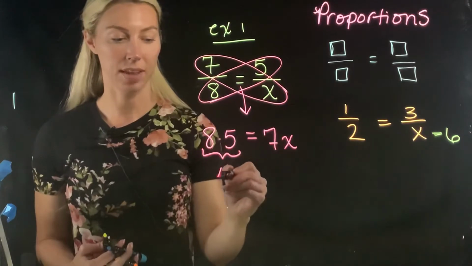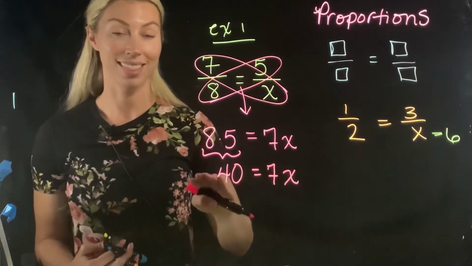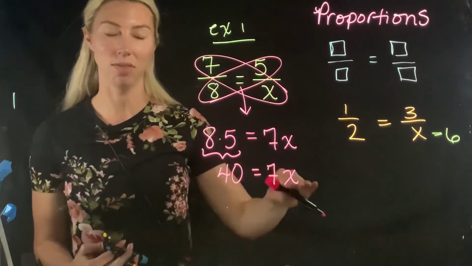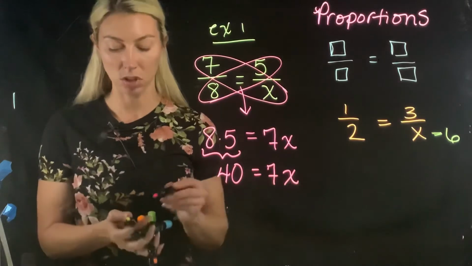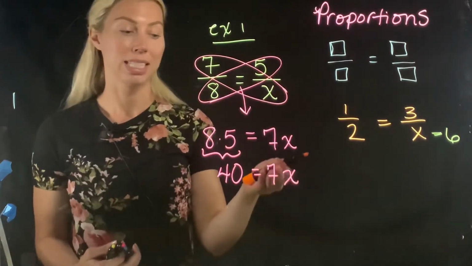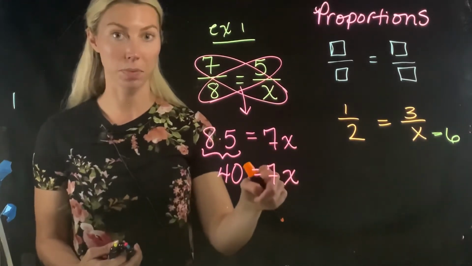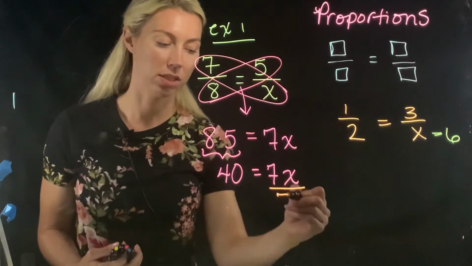After I simplify that, I end up with this single equation that's really easy to solve. It's just 40 equals 7x. So if you were going to solve that, you can just get x by itself. To isolate x, because we're multiplying by 7, I can do the opposite of that, which is dividing by 7.